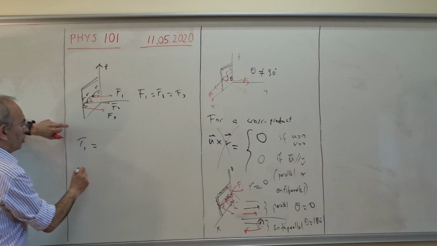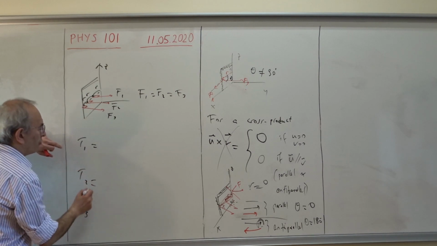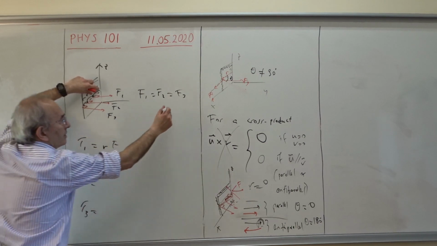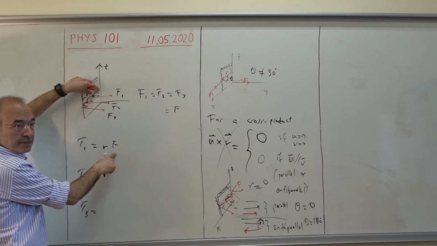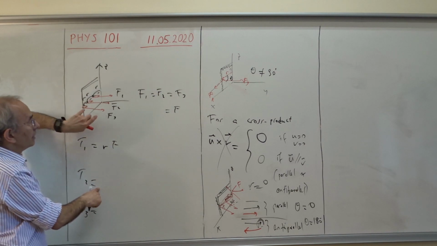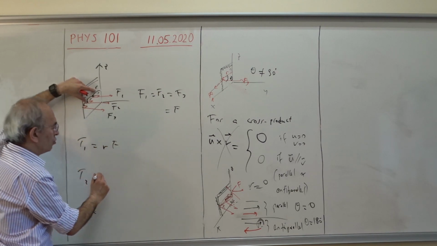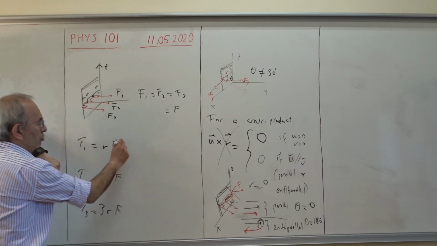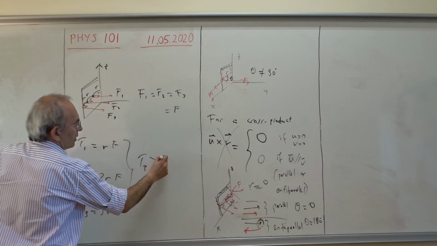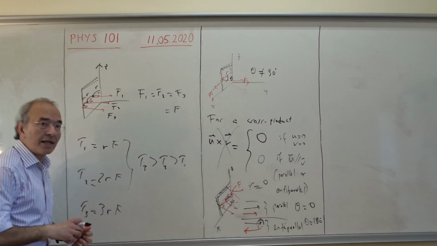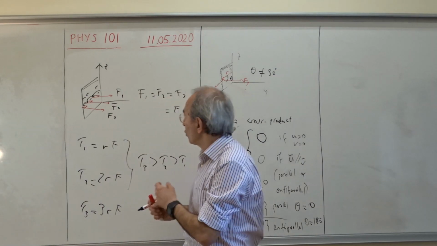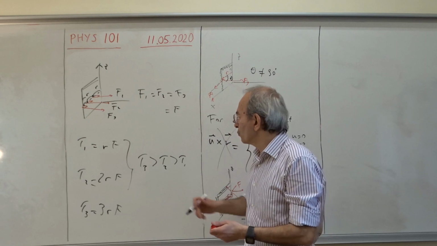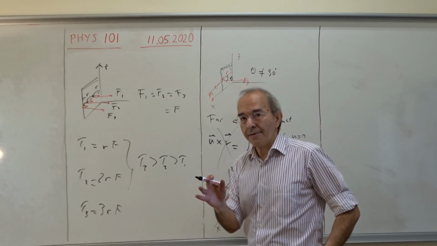In the case of torque 1, torque 2, torque 3, we have only 1R times F, F1, let's say they are all F. R times F. In the case of the second application, since the distance is 2R, 2R times F. In the third one, 3R times F. So obviously, torque 3 is greater than torque 2 is greater than torque 1. Although the forces are equal, because of the different radius of application, torques are not the same.